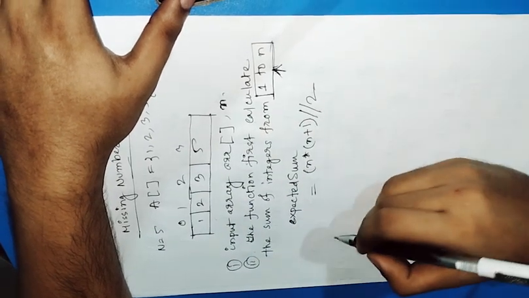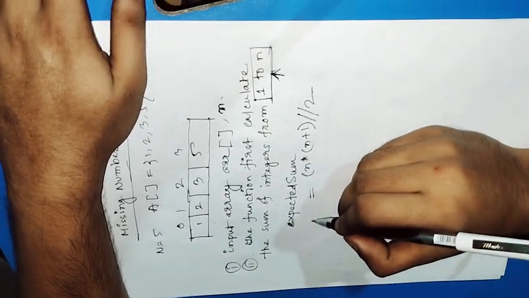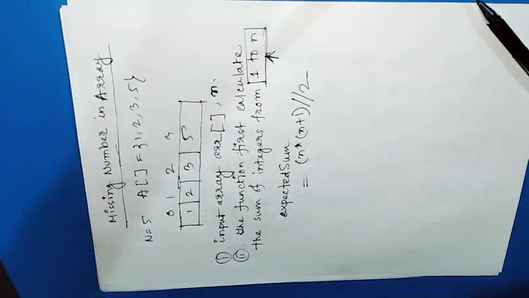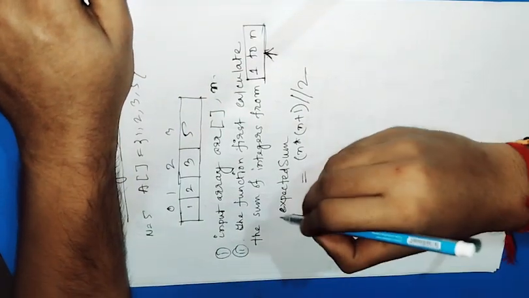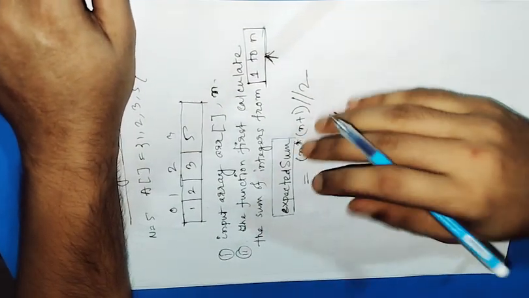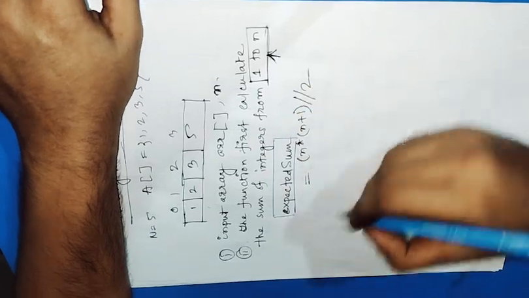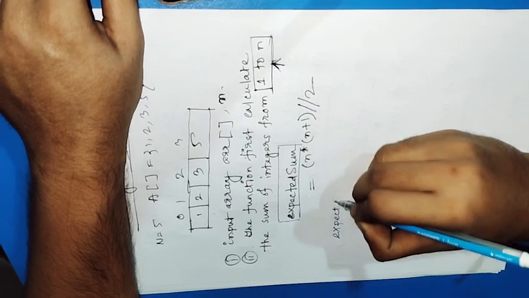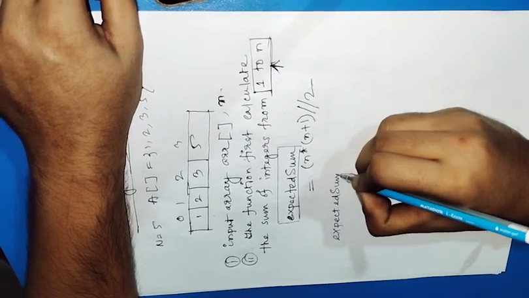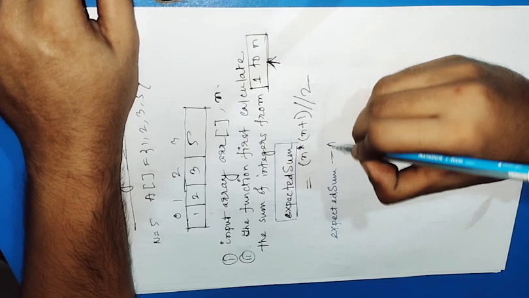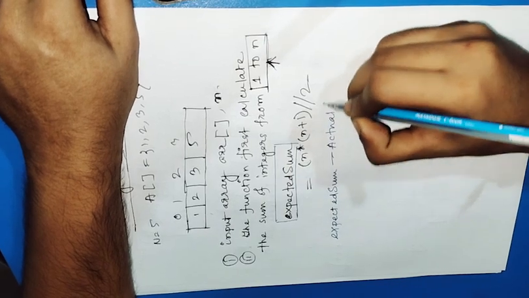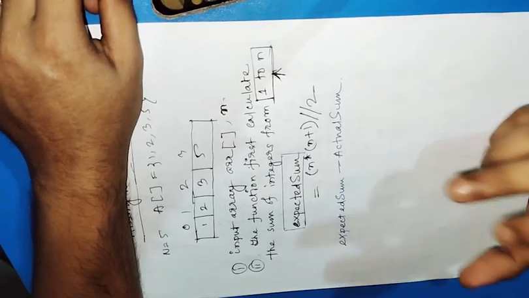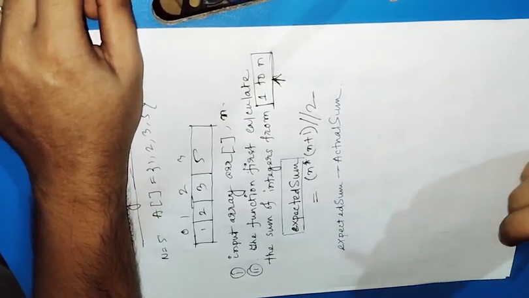The difference between the expected sum and actual sum, expected sum minus actual sum, is the missing number.